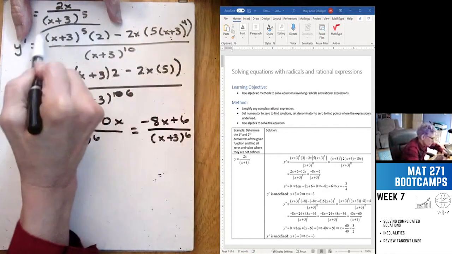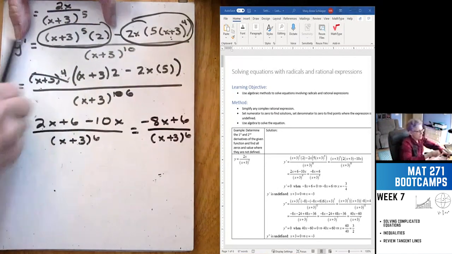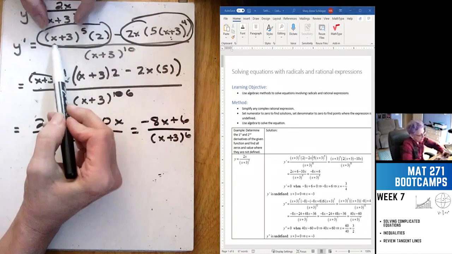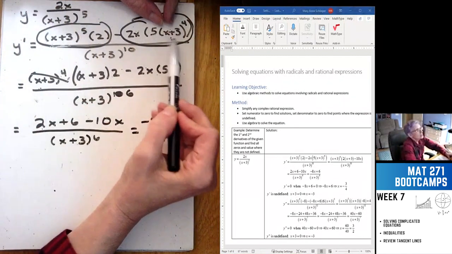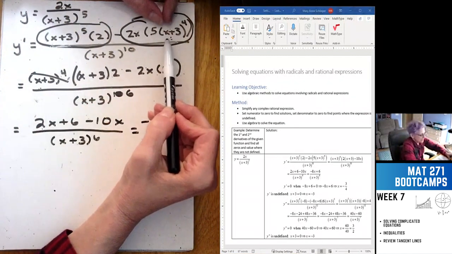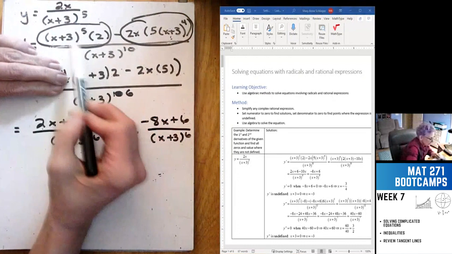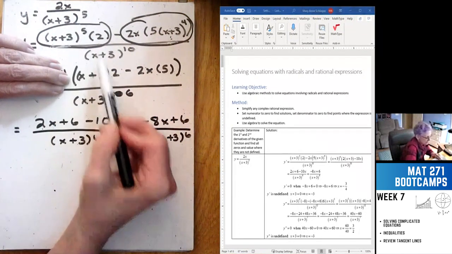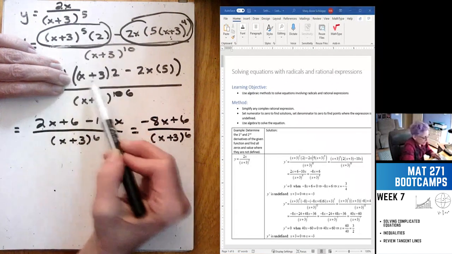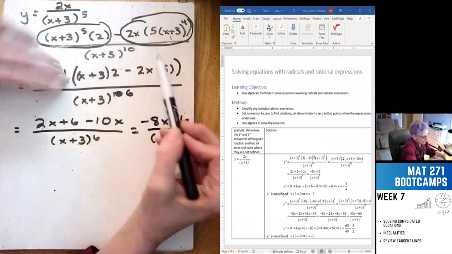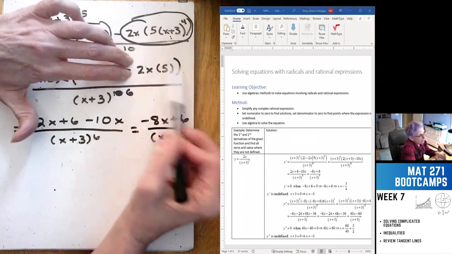So this is 1 unit and this is 1 unit because they have the minus sign between them. So I have 5 x plus 3's up here and I have 4 x plus 3's over here. So I'm going to take 4 x plus 3's and put it out front. Then I'm left with just one of the x plus 3's and the 2. That's all 1 unit. 2 doesn't have its own x plus 3's. It's just sharing those. And then 2x and 5 are sharing these x plus 3's, so they don't have any left.